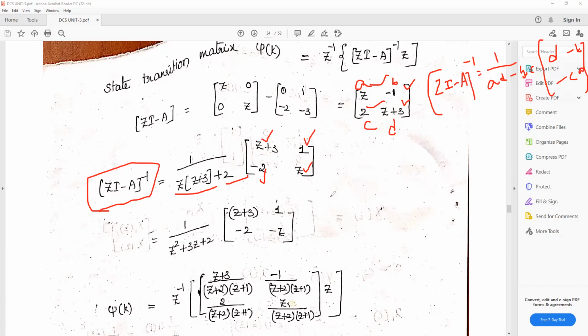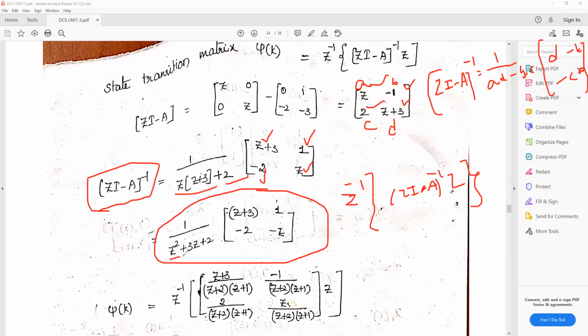The remaining step is Z inverse of (zI minus A) whole inverse into Z. In the denominator, z square plus 3z plus 2 is in the form of z plus 2 into z plus 1.